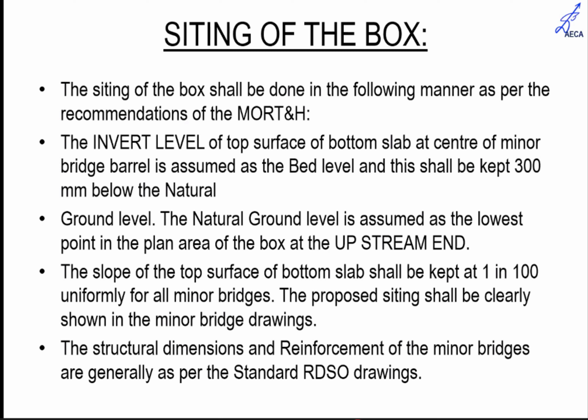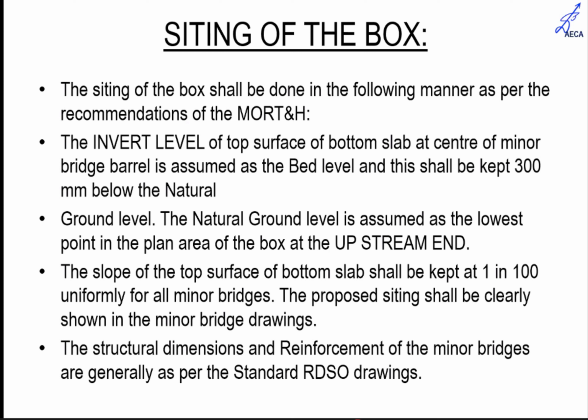So with this, the invert level of the bridge is below the lowest point in the plan area of the box at the upstream end. So the hydraulic communication from downstream to upstream side is precluded by adopting this approach.